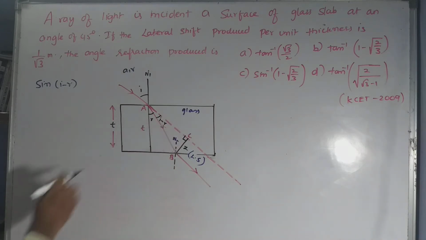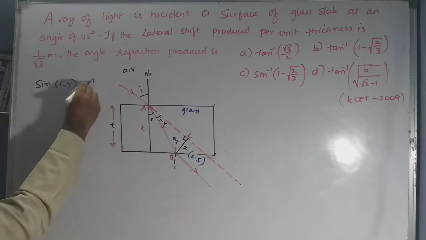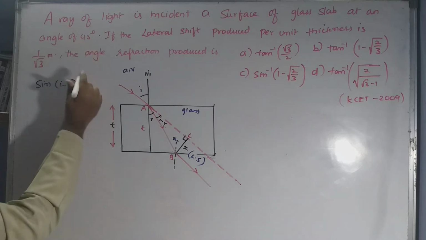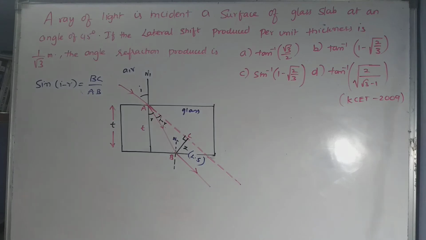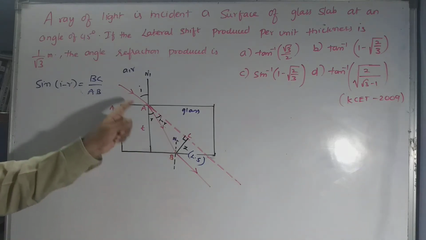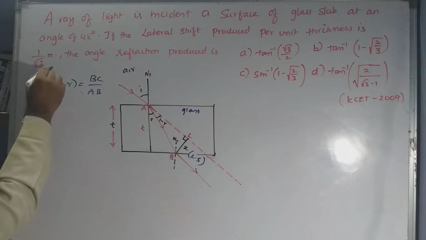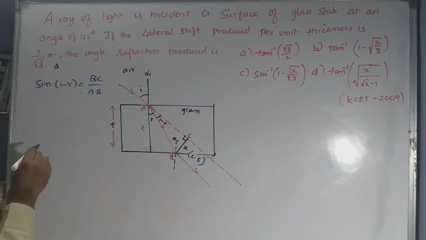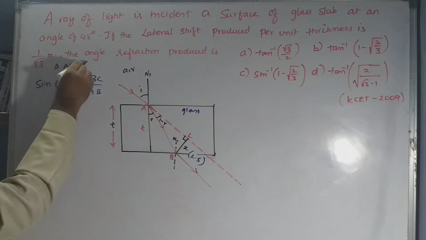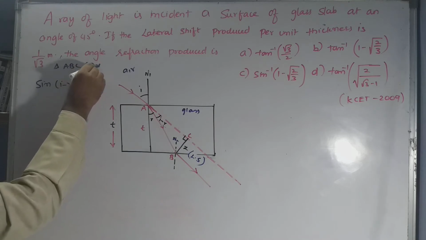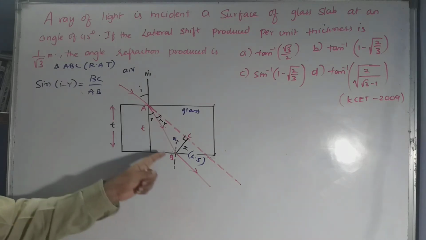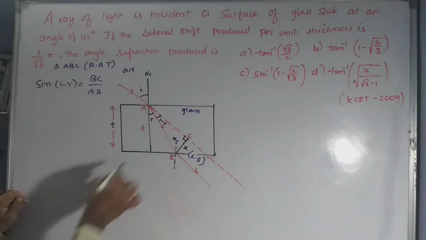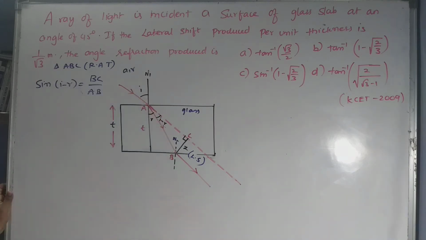Sine (i minus r) is going to be the opposite side BC over the hypotenuse AB, in triangle ABC, which is a right angled triangle. This is a right angled triangle because this is making 90 degrees and AB is going to be the hypotenuse here. So let us see what is going to happen here.